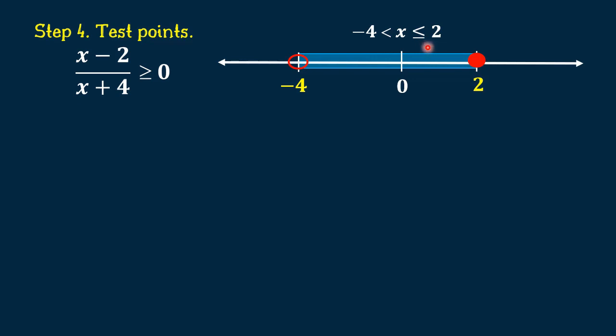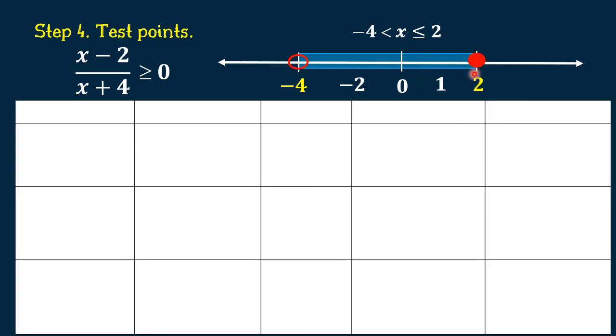That is why we have the symbol here, equal to. -4 is not included in the values of x. So what are the values of x here which are greater than -4 but less than or equal to +2? You can have -2 or +1. You can also have -3. All the values in between -4 and +2.